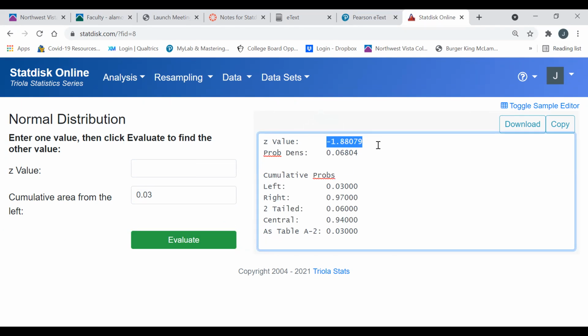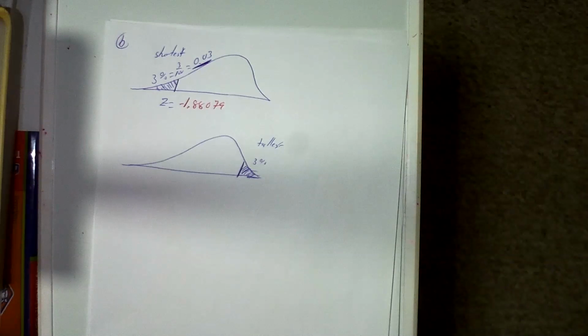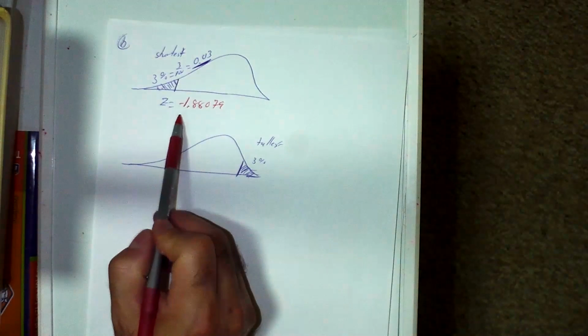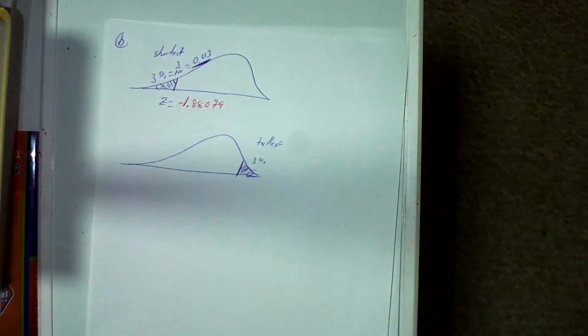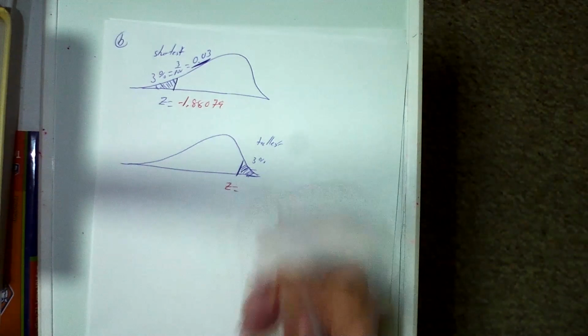Negative 1.88079. Without me doing it in StatDisk, if this is negative, look at the numbers.